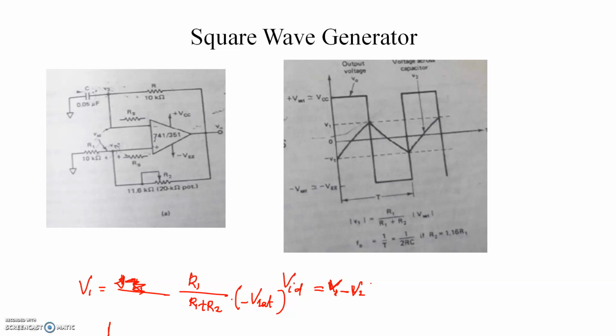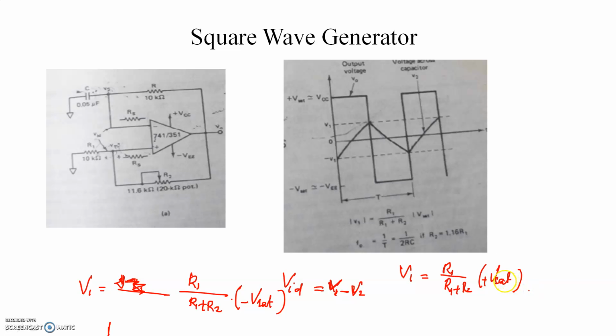With the output at plus Vsat, the voltage V1 at the non-inverting input is V1 equals R1 by R1 plus R2 times plus Vsat.